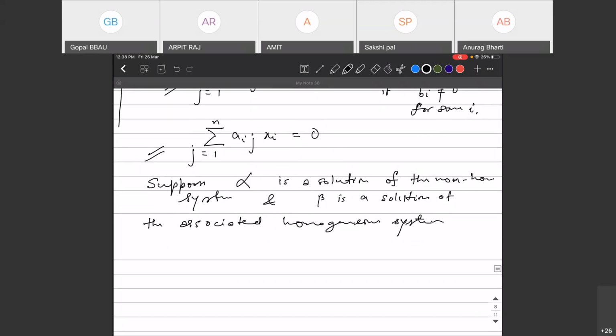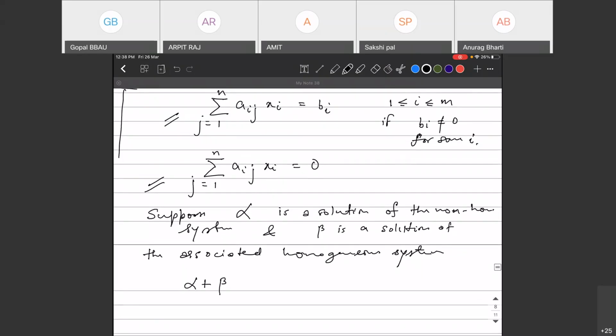Okay. Then let's see what happens with alpha plus beta. Is this a solution of the non-homogeneous system? Will it be a solution?